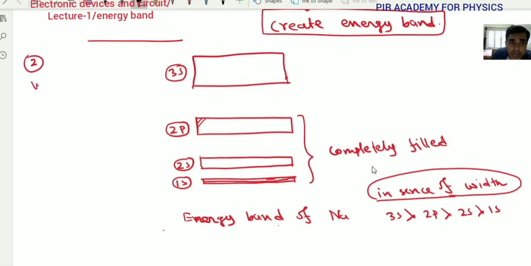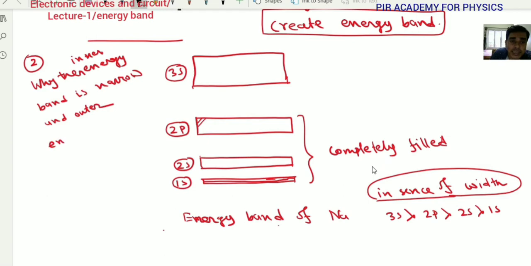That means why is the inner energy band narrow and the outer energy band wider?